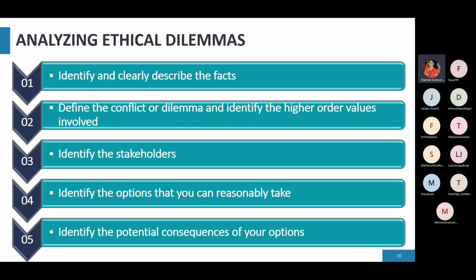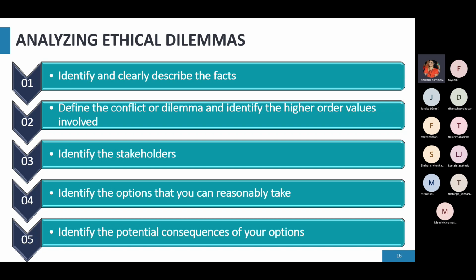So first we need to analyze the ethical dilemma. For that, first you need to identify the problem or the solutions and clearly describe the facts. What information or facts are available?